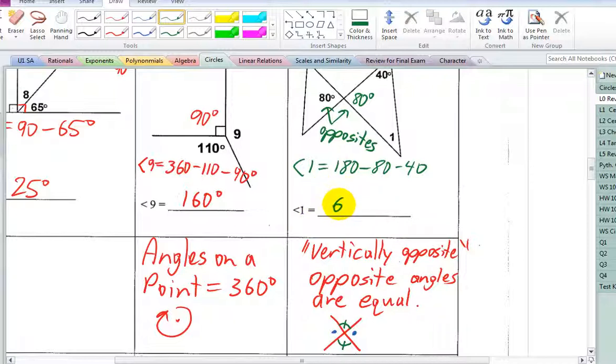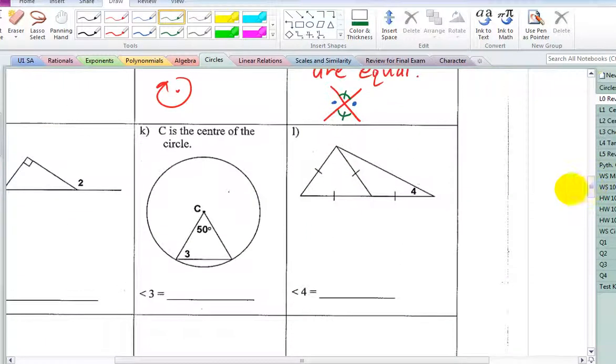So you get 60 degrees for angle 1. Okay? Yeah, Tony? Okay, any questions? We've just covered the same rules several times here. Last couple.